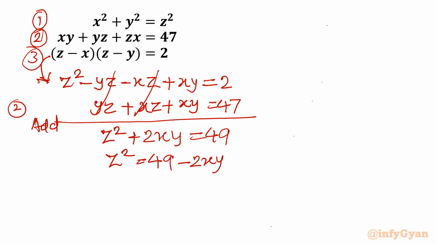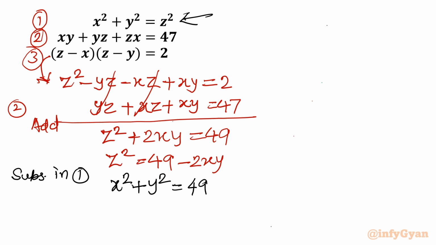Now this value of z² I will substitute in equation 1. So the equation will become x² + y² = 49 − 2xy. Take −2xy to the left.